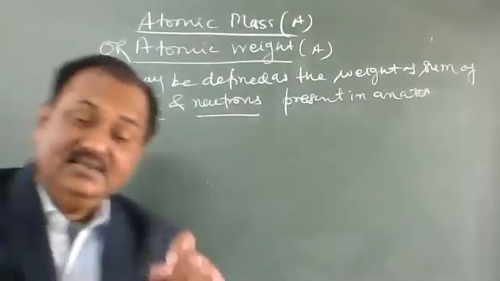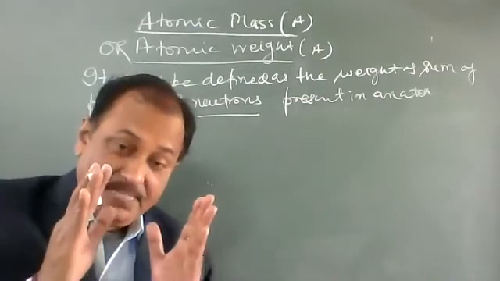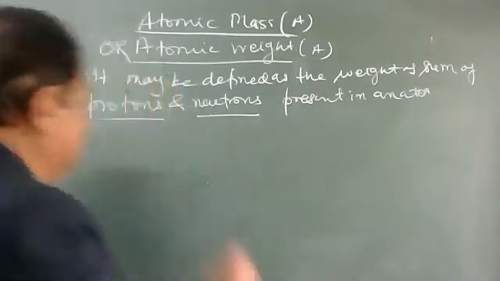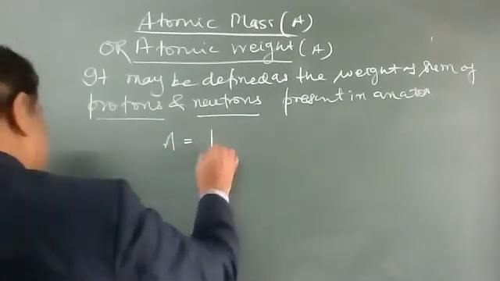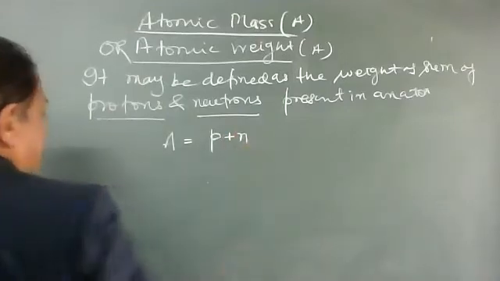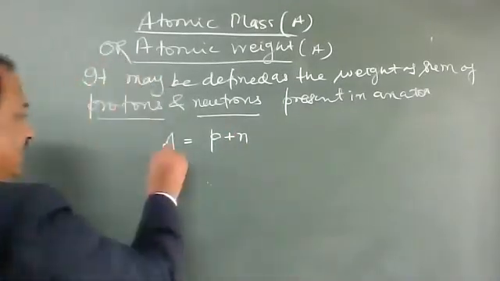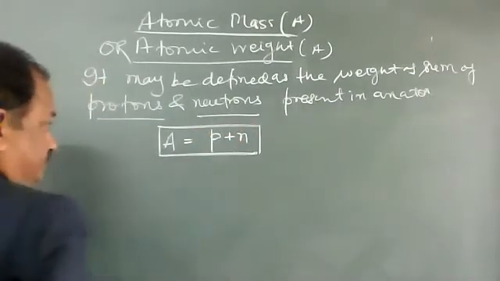So A is equal to proton plus neutron. This is the formula.